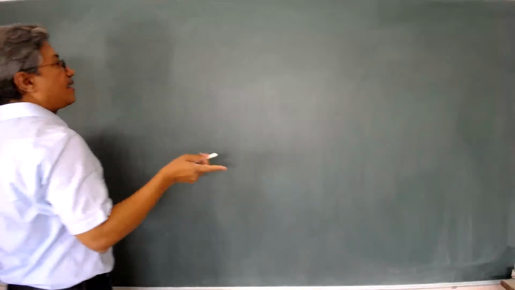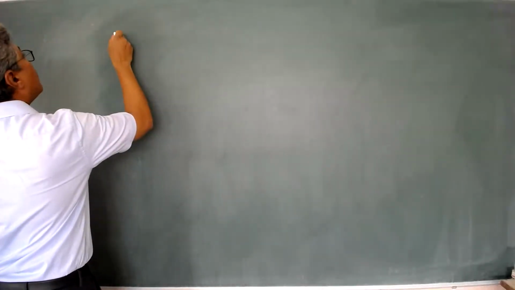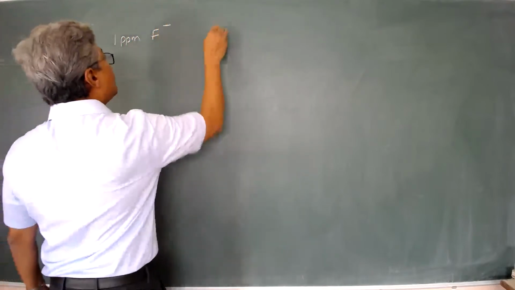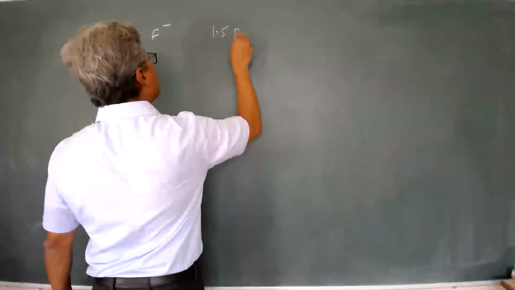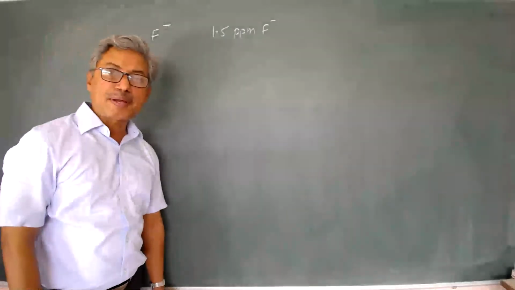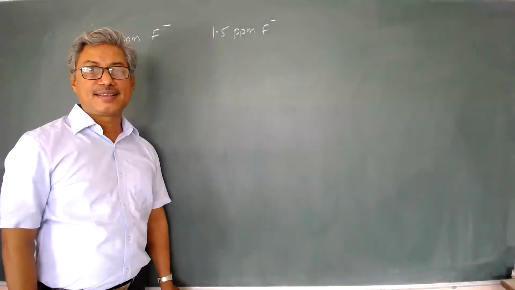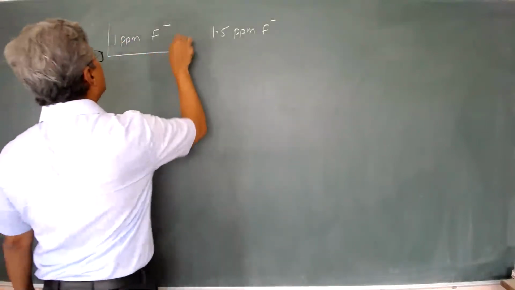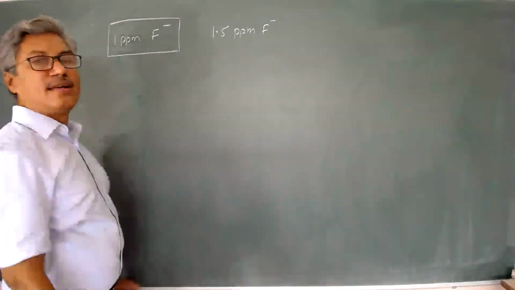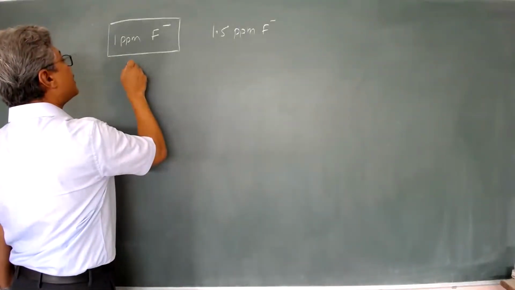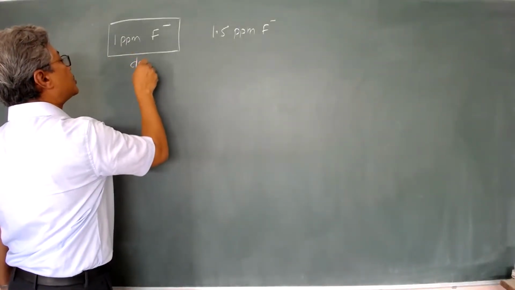Okay. Now, students, yesterday we came across 1 ppm fluoride ion and 1.5 ppm fluoride ion. Can you remember which acts as a medicine for the tooth? If the fluoride ion concentration in the paste is 1 ppm, it will prevent the decay of the tooth.